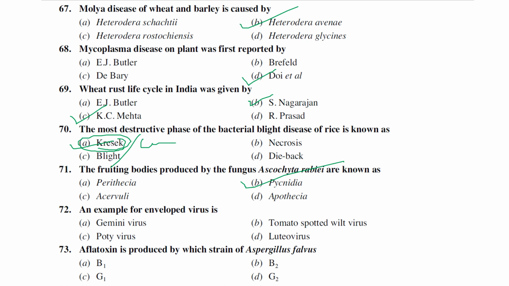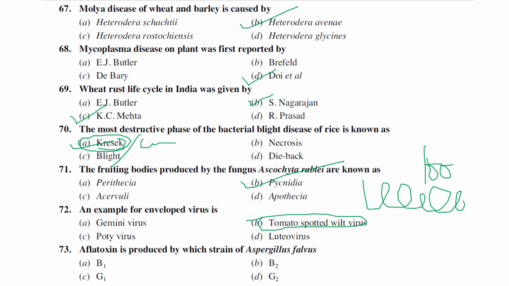And give an example of enveloped viruses. Generally, if you see all the viruses: Gemini virus is a twin particle virus. Potyvirus is the largest group of plant viral family, right? And luteovirus. Among these, tomato spotted wilt virus is actually the enveloped virus. Its length is about 100 nanometer. Even though it's 100 nanometer, somehow nobody calls it the longest virus.